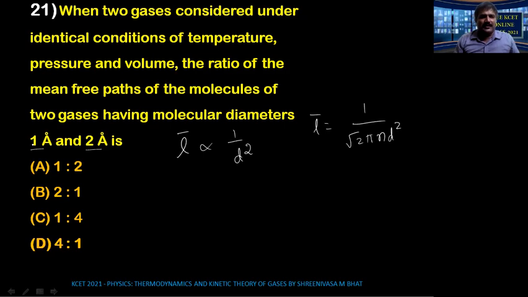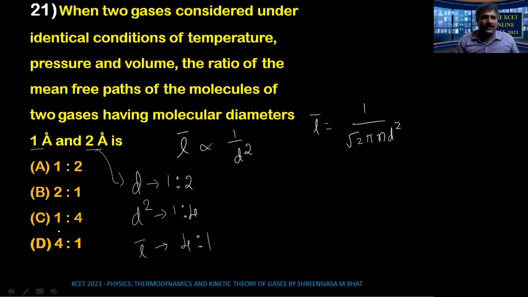See here, the ratio of the diameters is 1:2. The easy way: we want d square, so d square is 1:4, whereas the mean free path is inversely proportional to the square of the diameter. So L dash is proportional to the inverse ratio, that is 4:1.